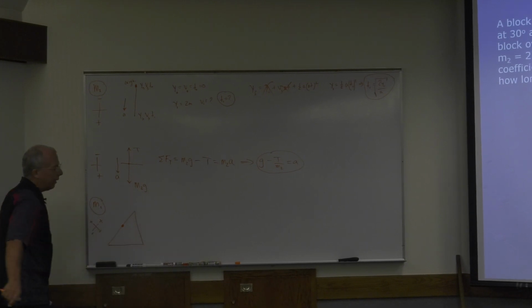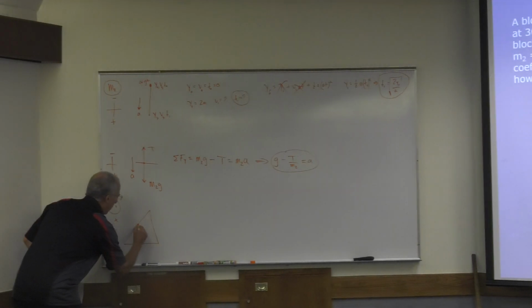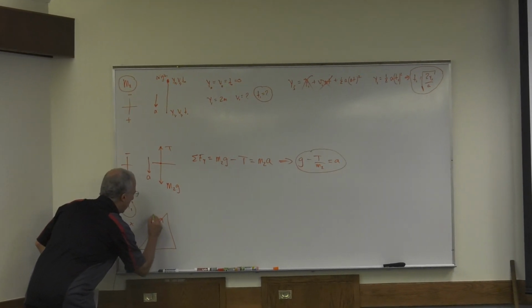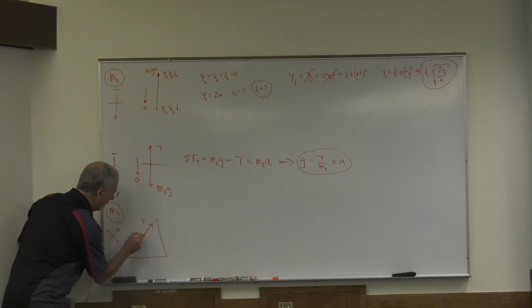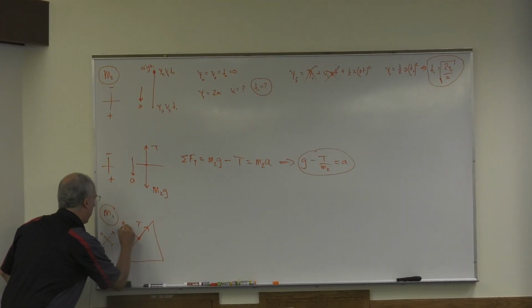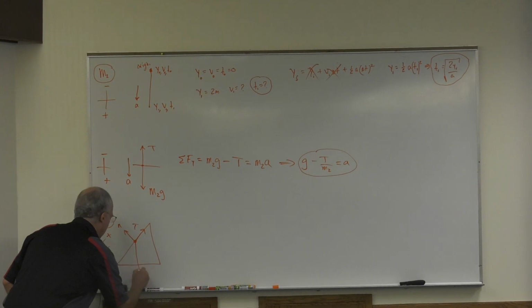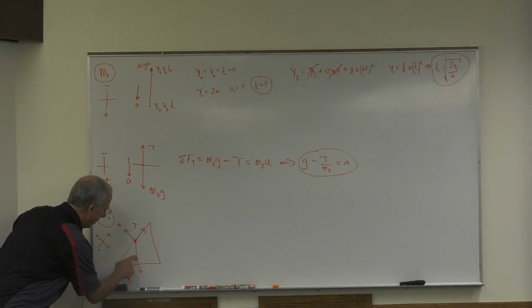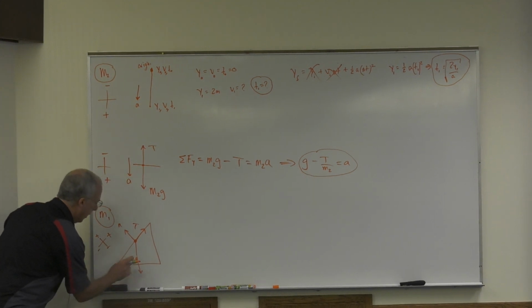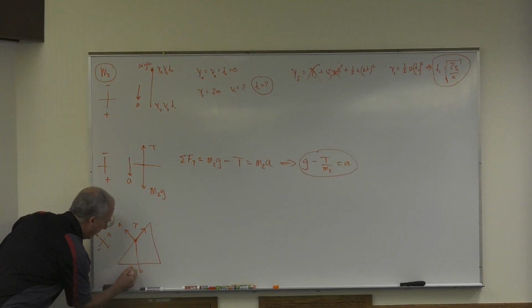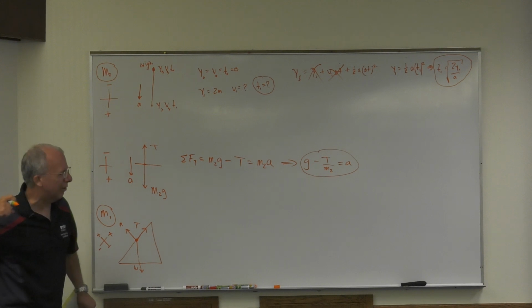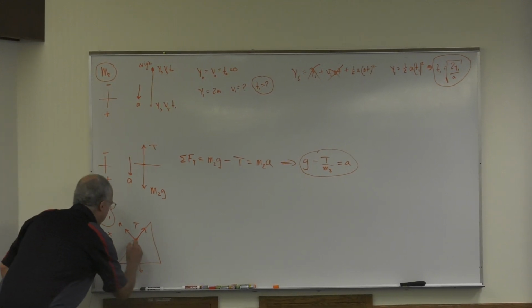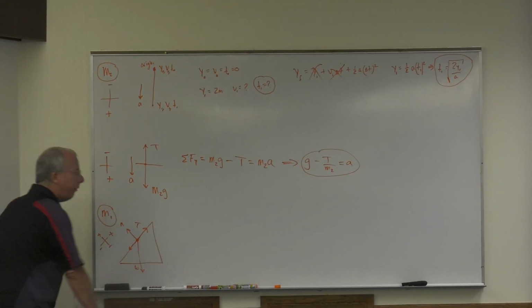Okay, so here we go. What are the forces acting on M1? Well, there's T, and there's a normal, and there's weight. There's always weight. That's a W, sorry. Weight, we're down here. And now there's friction, rats. And what kind of friction is it?